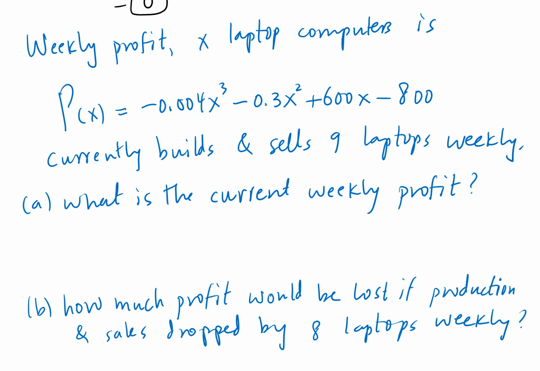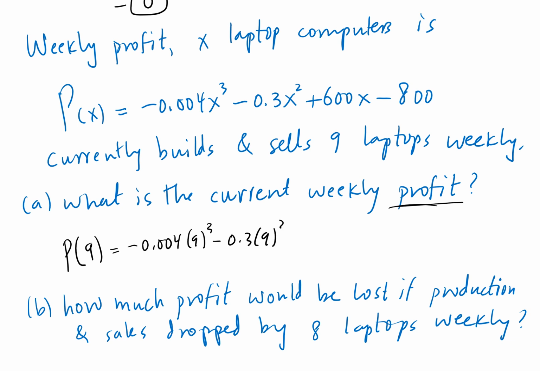So they give us the profit function here. They want us to know the current weekly profit. They want us to find the profit for a sale per week, which is 9 laptops. So they want us to find P of 9. All you have to do is substitute the 9 for x.